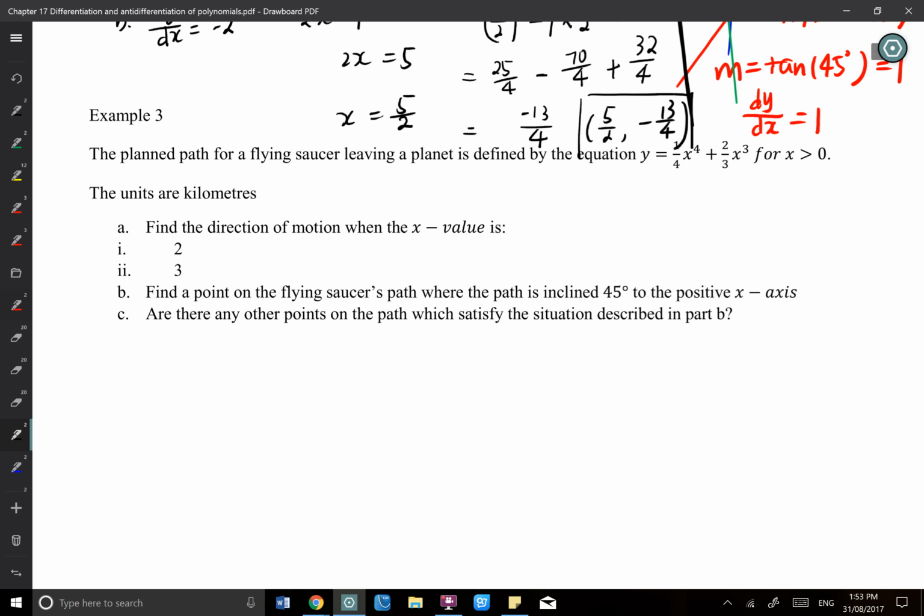Y equals a quarter x to the power 4 plus 2 over 3 x to the power 3. Can you just sketch that for me? How do you sketch that?